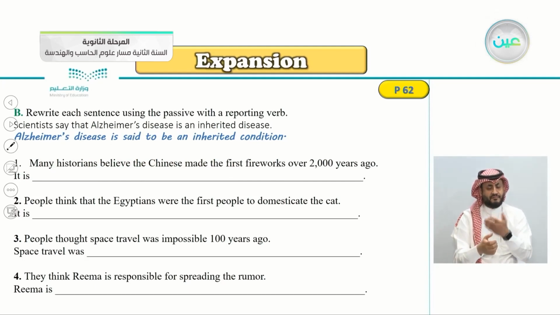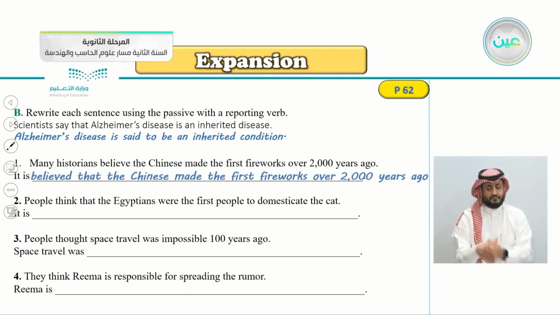It is very good. It is believed, because here is the verb believe, that the Chinese made the first fireworks over 2,000 years ago.